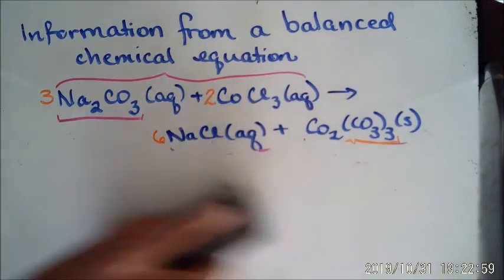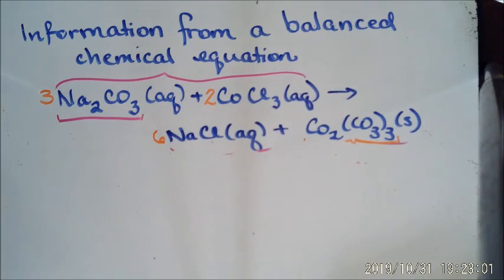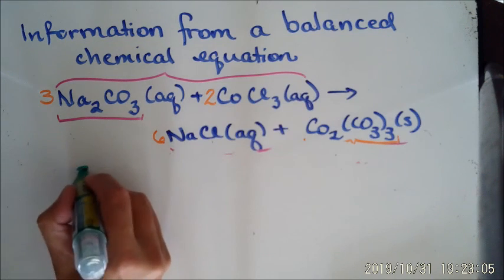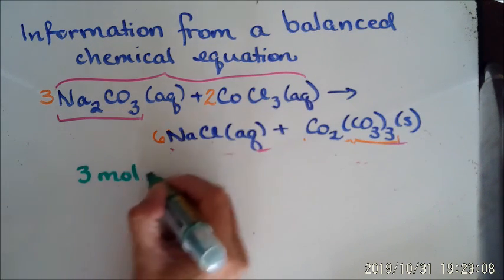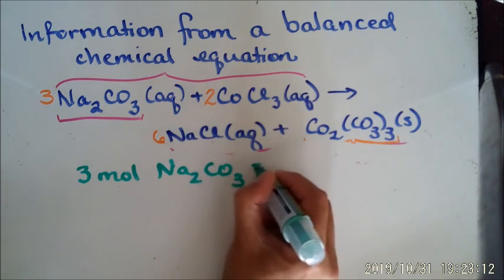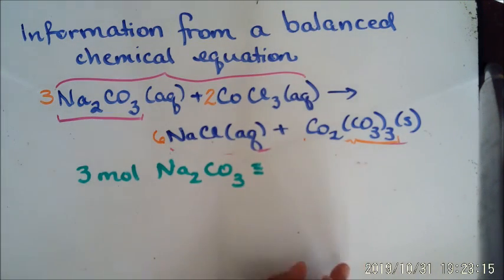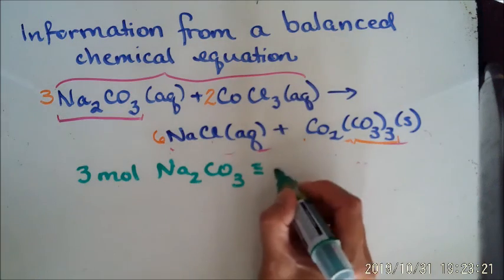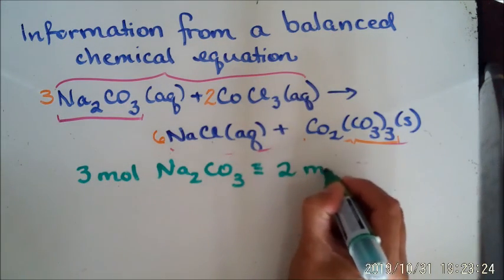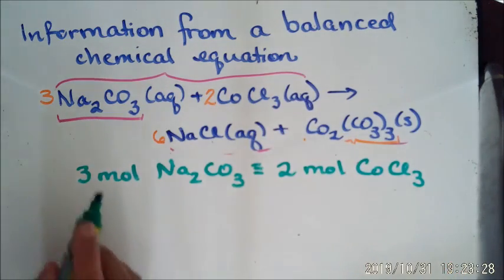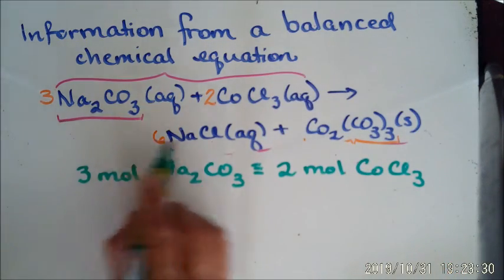The relationship on the mole-to-mole ratios between the sodium carbonate and the cobalt-3 chloride is 3 moles of sodium carbonate is equivalent, okay, it's not equal, it's kind of like you need 4 legs to a chair, right? So the 3 moles of the sodium carbonate is equivalent to the 2 moles of cobalt-3 chloride. I can also relate this reactant to my products.